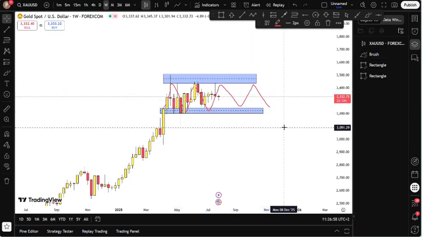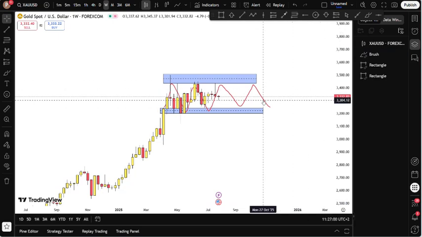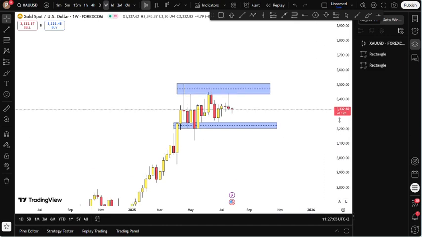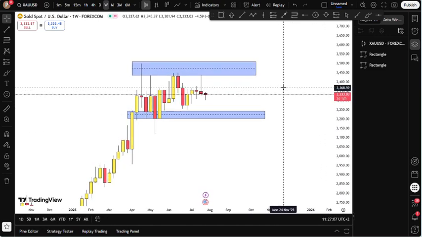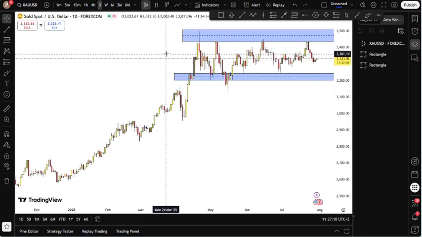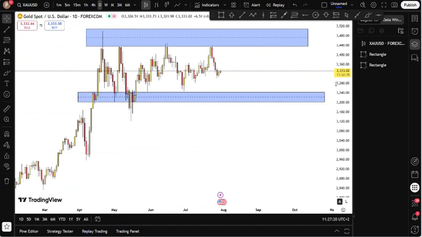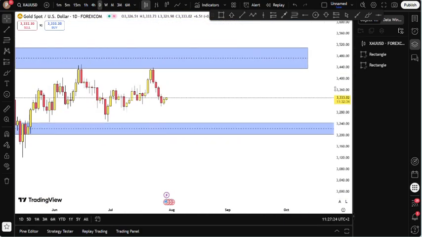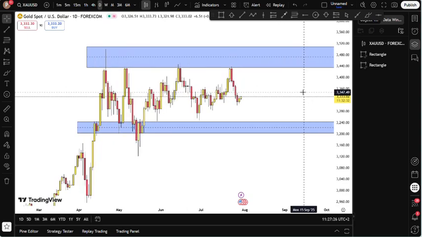This is what we were talking about earlier, what I was explaining earlier. Sideways price action. So right now we are consolidating on the weekly. If we need any more information on what gold is doing, let's drop down to the daily time frame and see the bits and pieces, the story of what gold is saying.